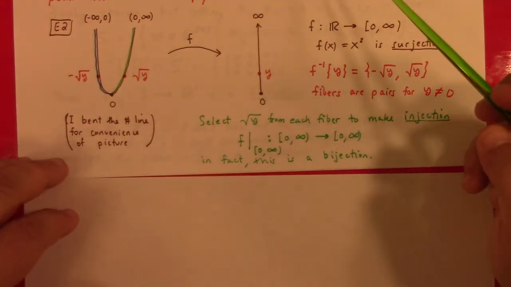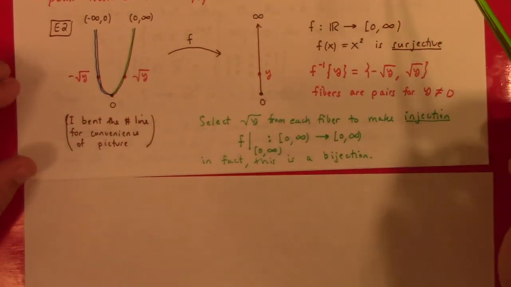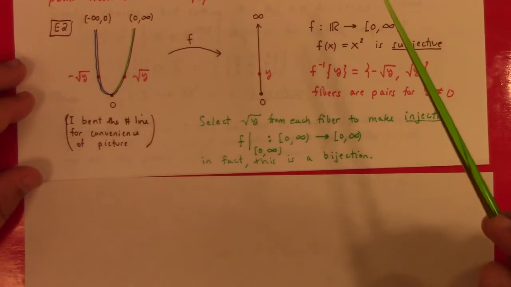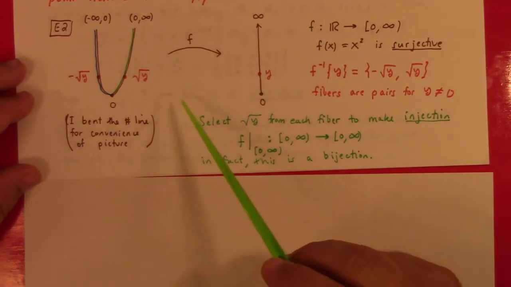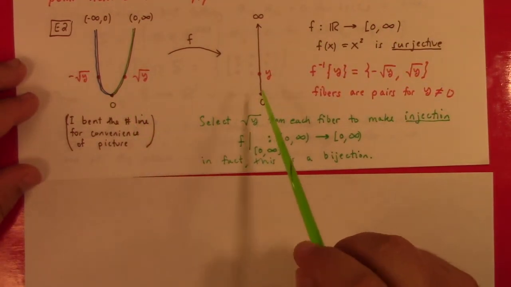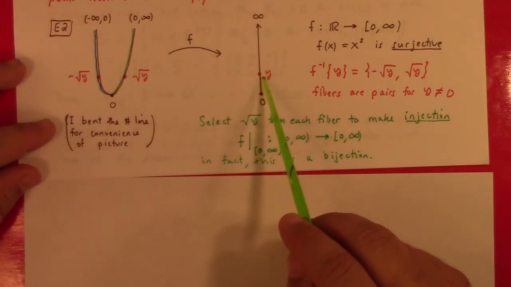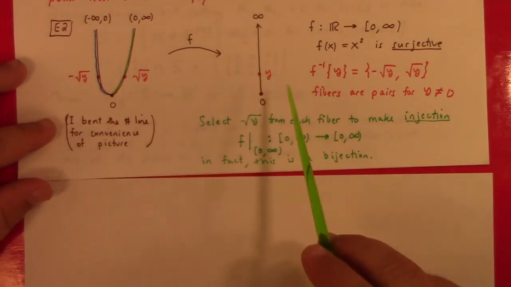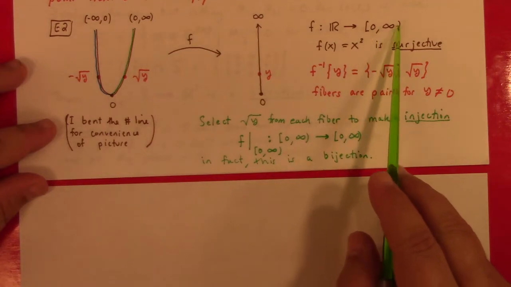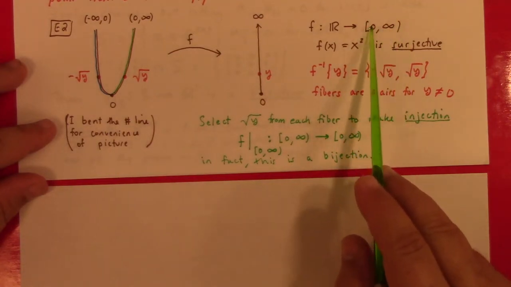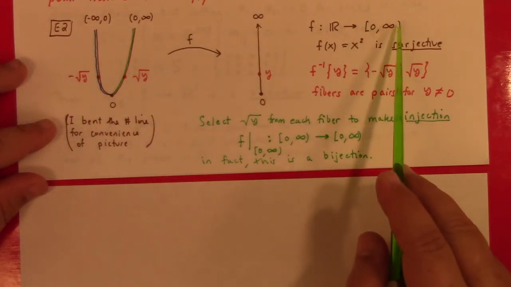And 0 maps to 0, right? So if we look at the inverse image of a point in the range, I took the liberty of cutting the codomain from R back down to non-negative real numbers. That way I know it's onto, okay?